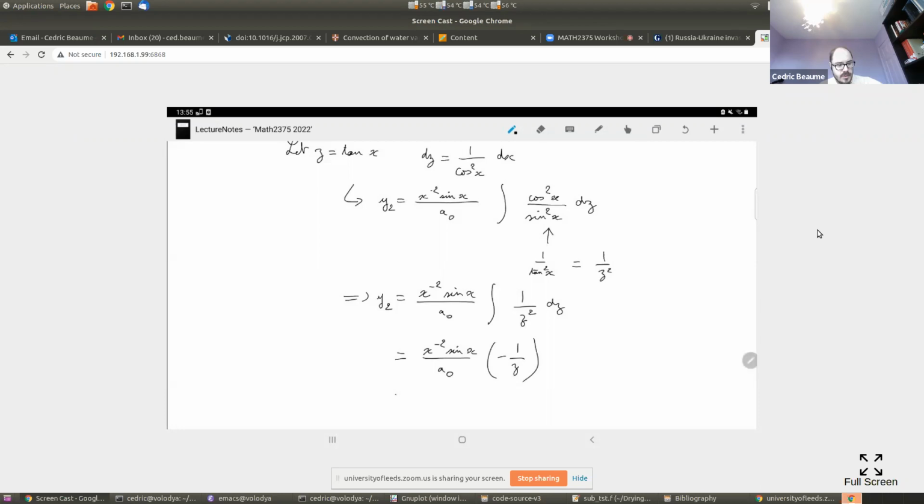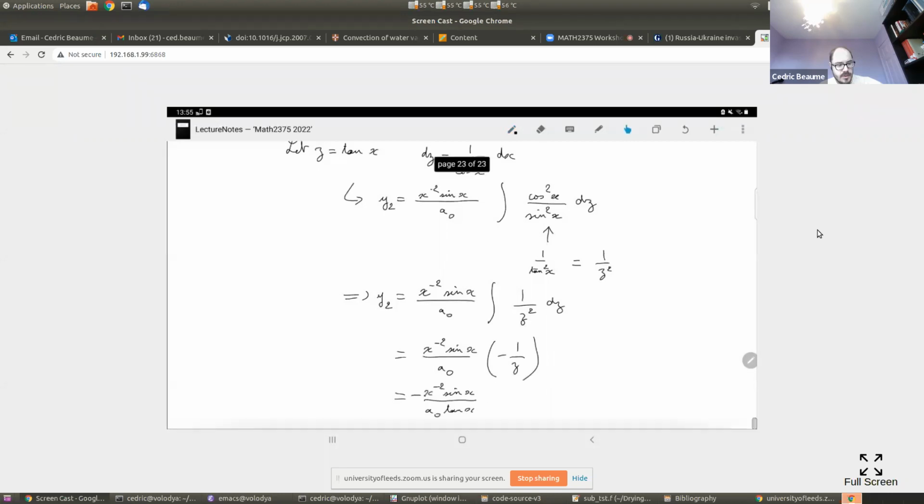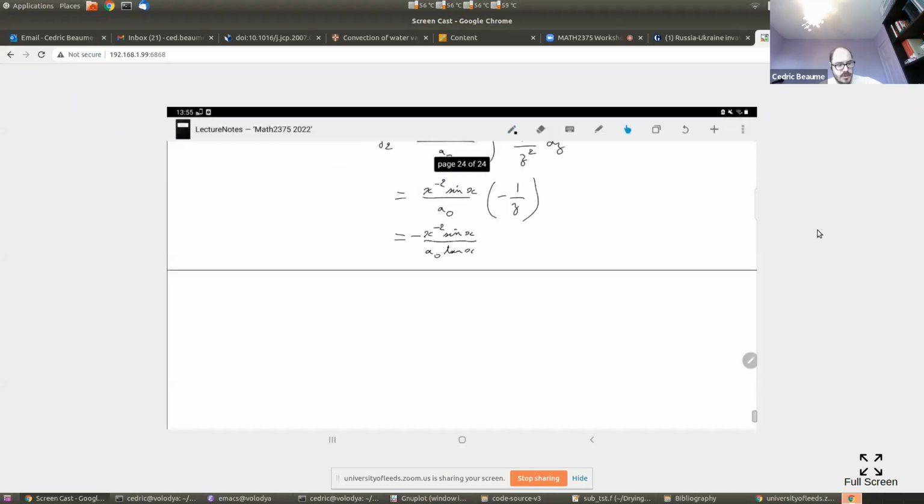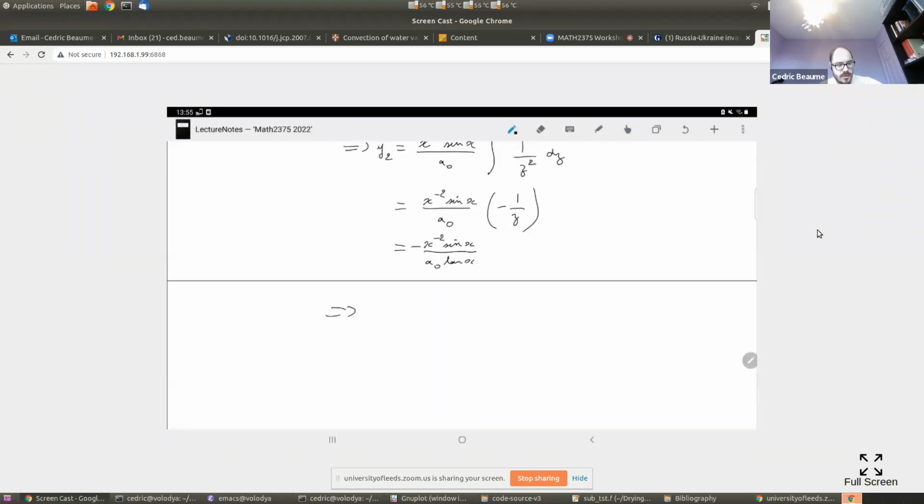So the answer is (x minus 2 sine x), there's a minus sign in front of it, over a0 tan x, and tan x is sine over cos. So a million simplifications later, we end up finding that y2 is minus (x minus 2) divided by a0 cos x.